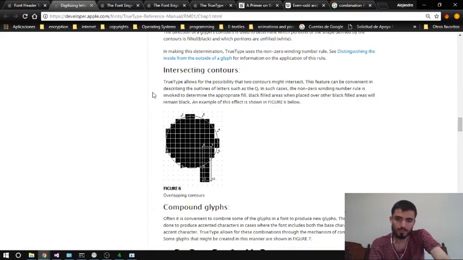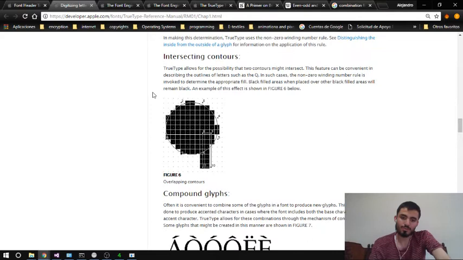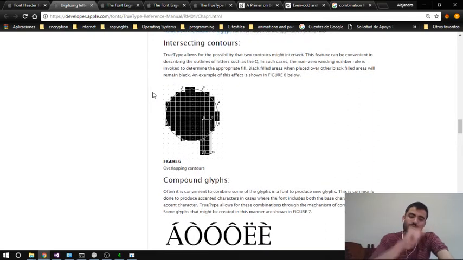Because if they use the even-odd rule, then either the circle will not be filled or the tail of the P will not be filled, and that's something we don't want. We want to fill both, and the way we do it is to follow the winding of it.